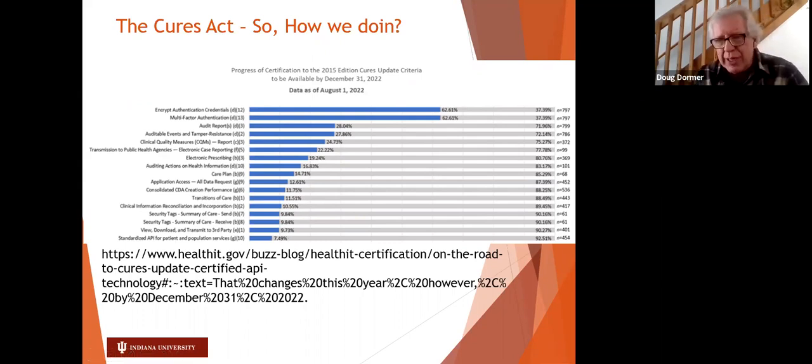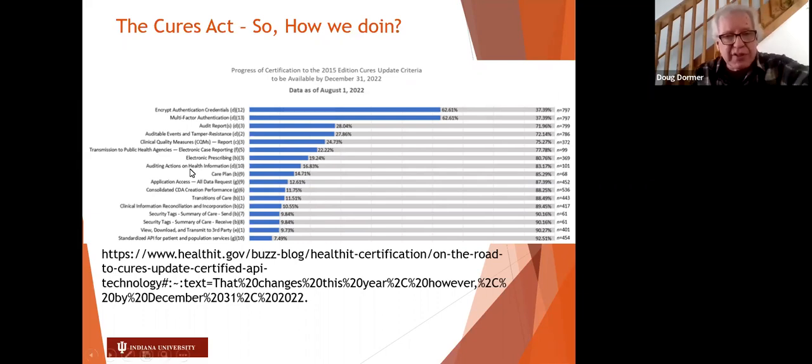Now, we're kind of looking at this at several levels. What percentage of the vendors have adopted these technologies? What percentage of providers have adopted these technologies? And what percentage of the population are served by these providers? So kind of three ways of looking at how well we have proliferated and how far we are relative to these deadlines.